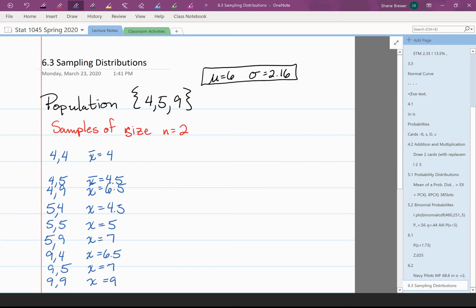So look, those are all of the possible samples of size 2. Okay. Let me type this in here. We'll get this going.